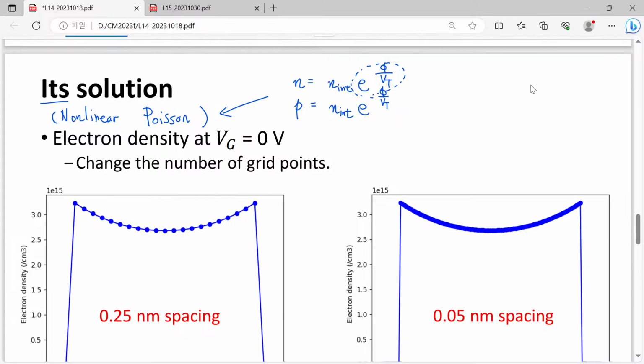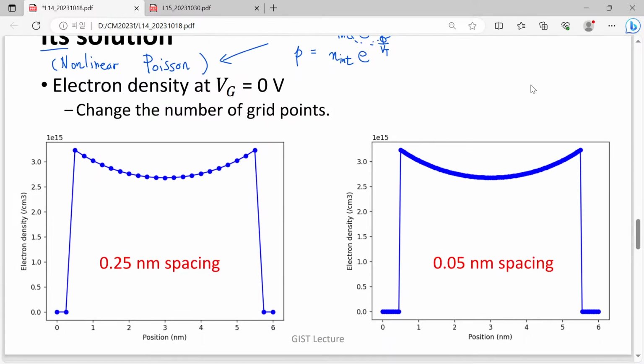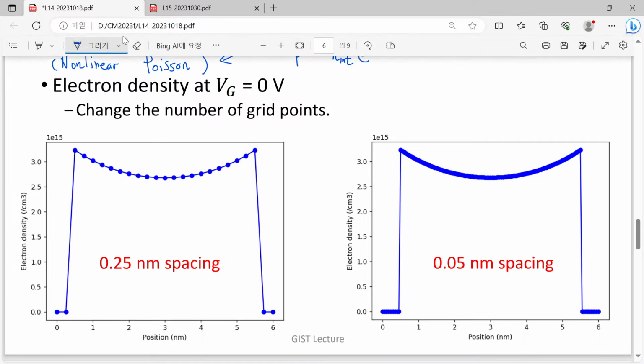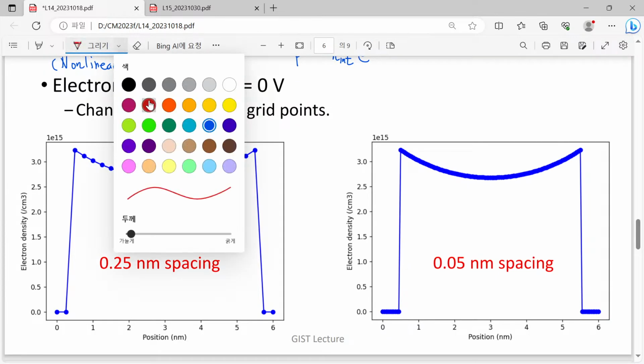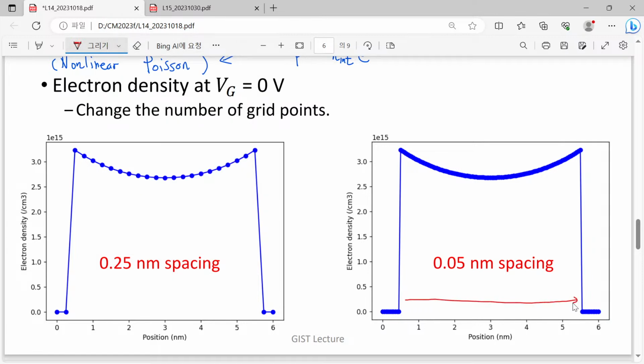Okay, so now if you remember correctly, this system is like this. Here we have a 5 nanometer thick silicon substrate, and here we have a half nanometer thick oxide layer, and also a half nanometer thick oxide layer.